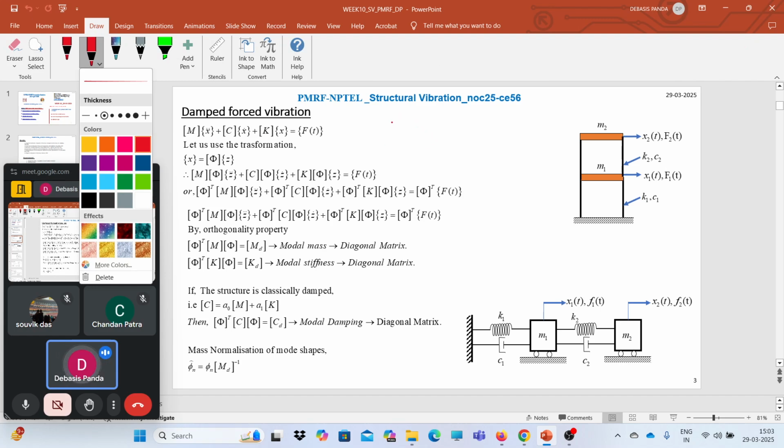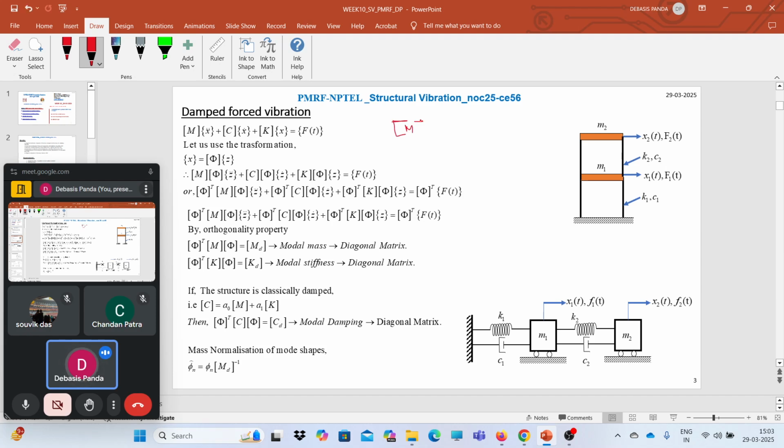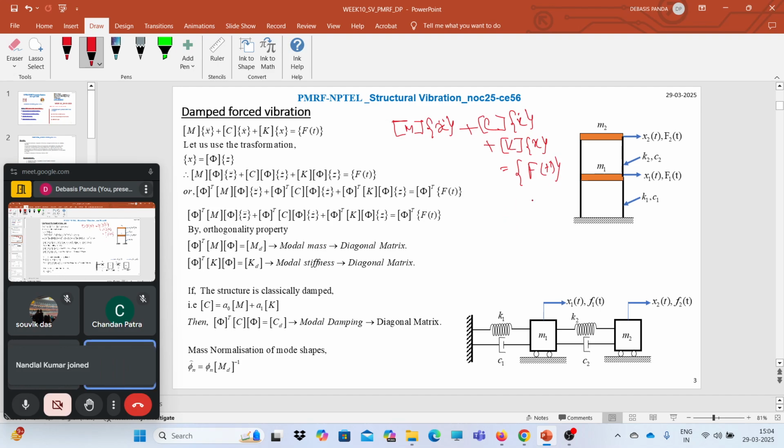So the equation of motion for the multi-degree of freedom system has a mass matrix, and then the responses we can consider either x or u, and then we have the damping matrix, and then the stiffness matrix, equals some force vector, depending on where the force is acting on that particular node or degree of freedom.